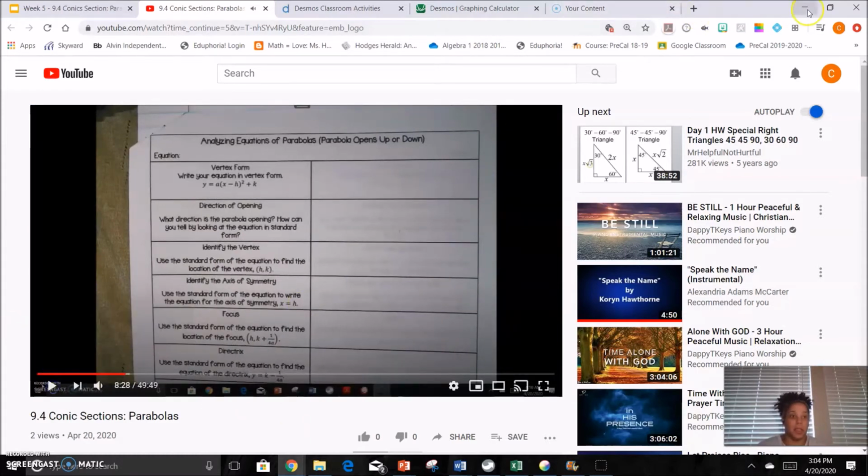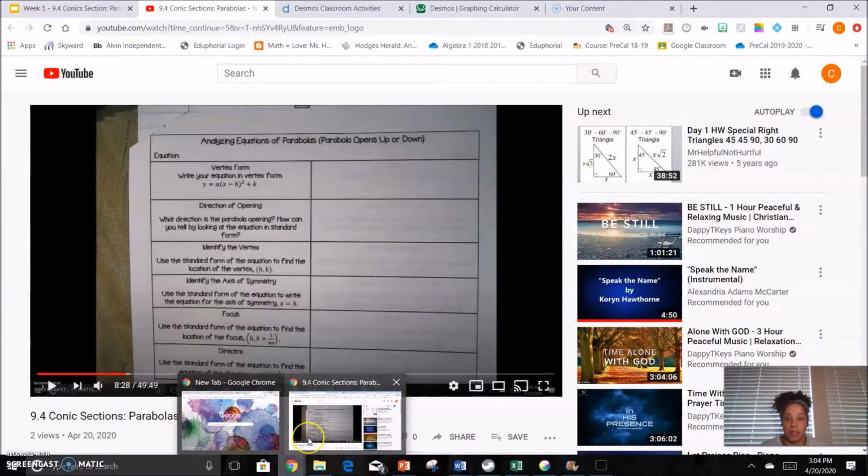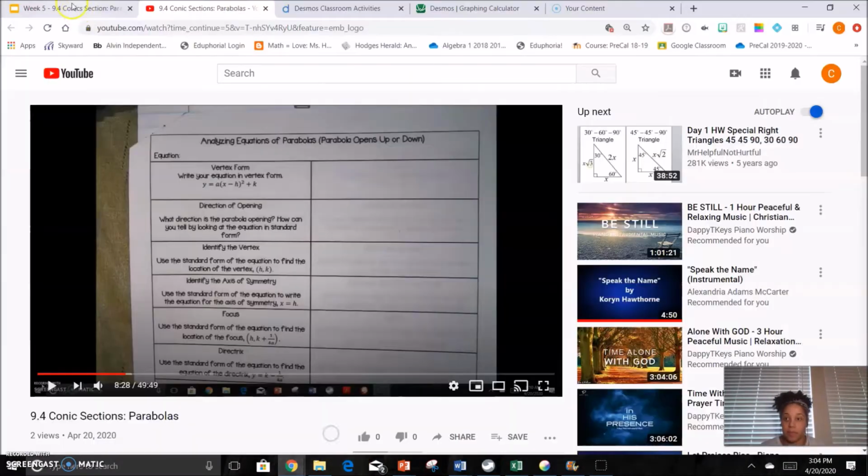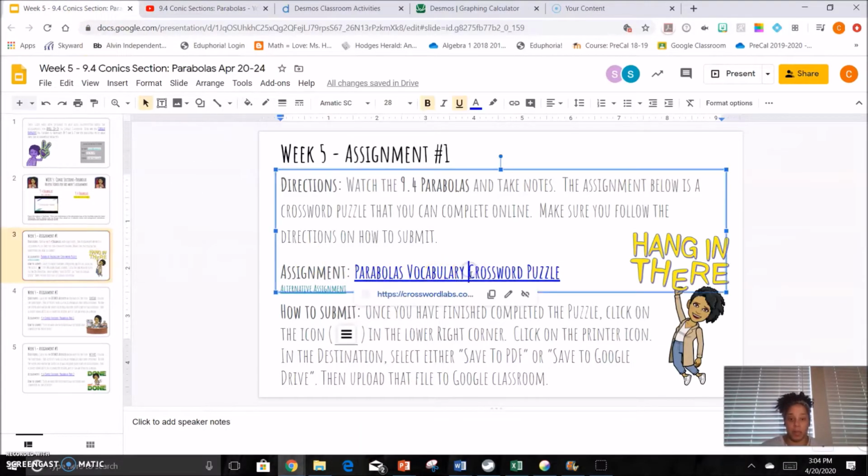Okay, so speaking of, your assignment is broken up into pieces. The first Desmos activity, so you have 3 activities in your slideshow. Let me get back to the slideshow. The first activity is a crossword puzzle. So you just click on here, and there are some vocab words in there.